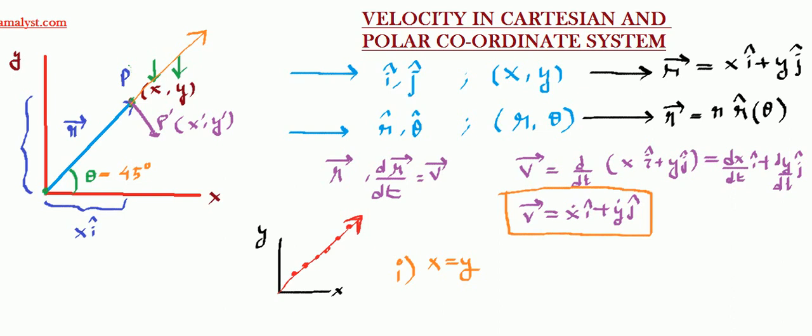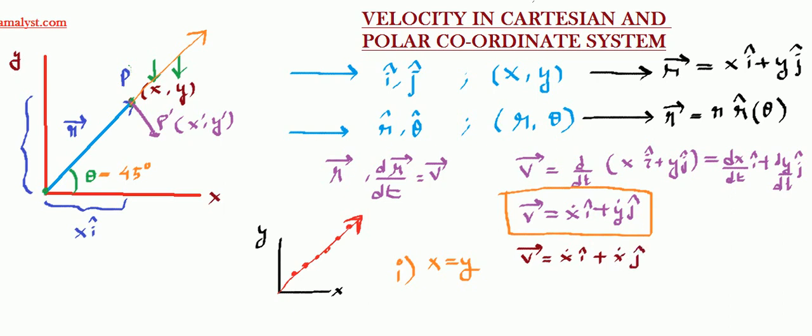Then what happens to the velocity vector? Both x and y are the same, so I can write it as x dot i cap plus x dot again j cap.